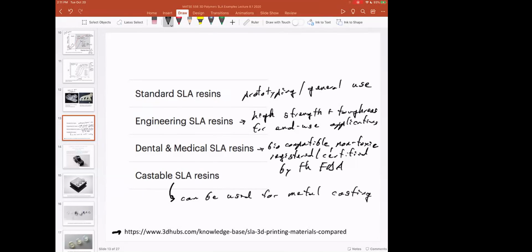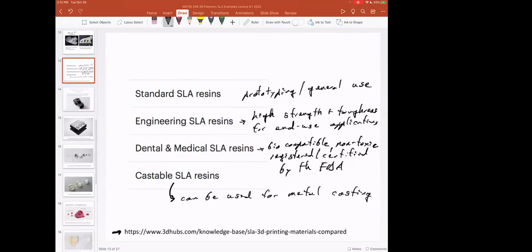And so that's interesting because if you've ever taken a metals lab in school, in general, you make a polystyrene or foam sculpted shape. And then you take that foam shape and you bury it in sand or plaster and then make an investment mold out of that and then pour the hot metal in. But now with these castable SLA resins, you can do some really interesting and intricate casting at small scale with your 3D printer. Any questions so far?